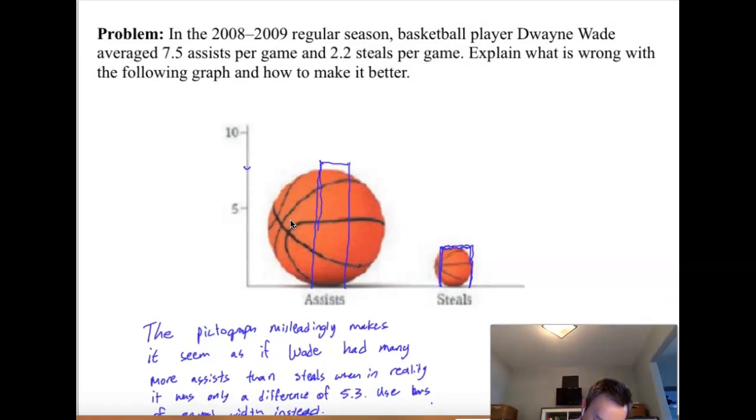So the idea is because they're using the height of the basketball to represent the number of steals and assists he had, but as you increase a circle's radius, its area increases at a rate much more quickly, right? By a power of 2, because area is pi r squared. So that area is increasing much more quickly than the height, which is misleading.